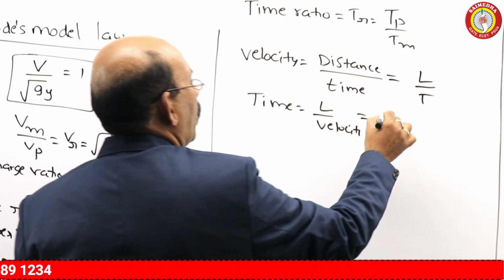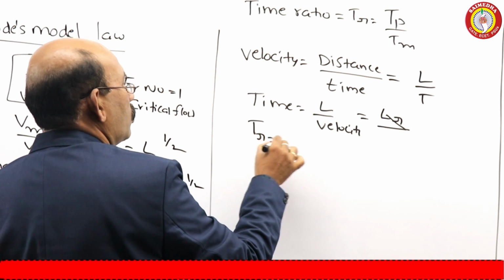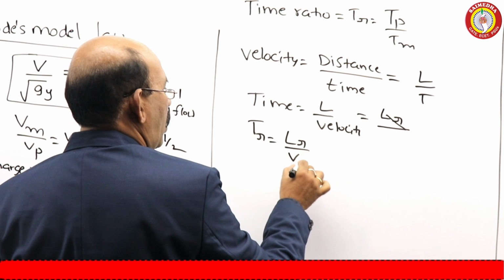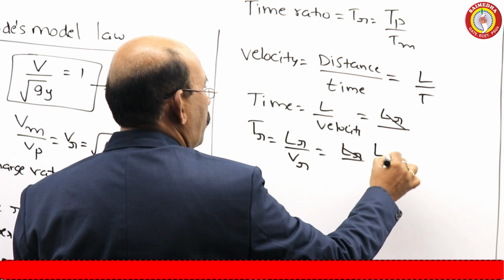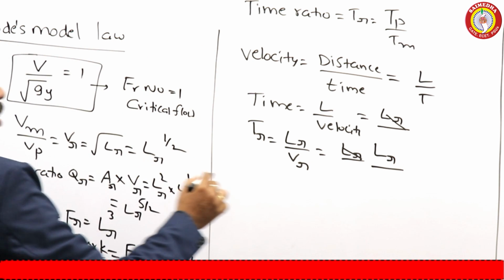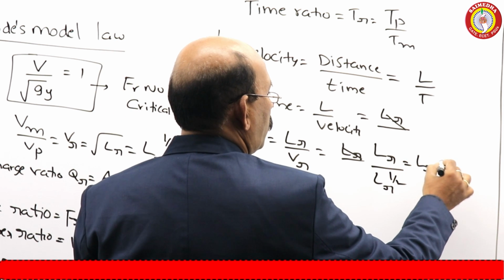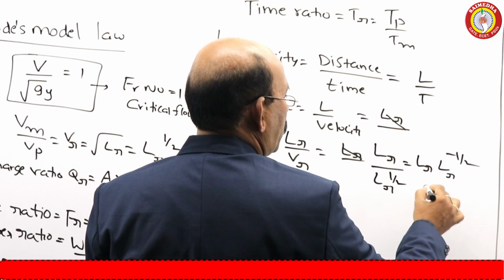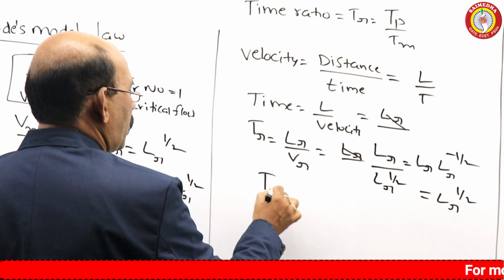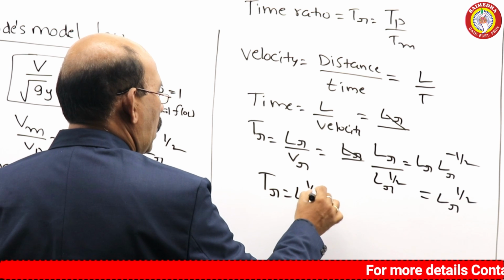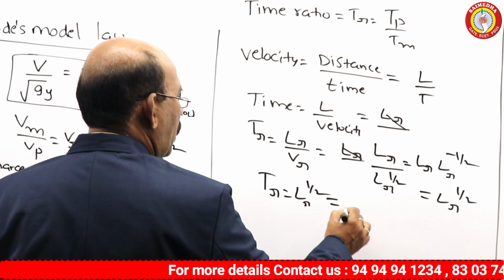So Tr is equal to Lr divided by Vr, which is Lr divided by Lr to the power of half. So this is Lr into Lr to the power of minus 1 by 2, that is Lr to the power of half. So the time ratio Tr is equal to Lr to the power of 1 by 2, and we can also write this as root Lr.